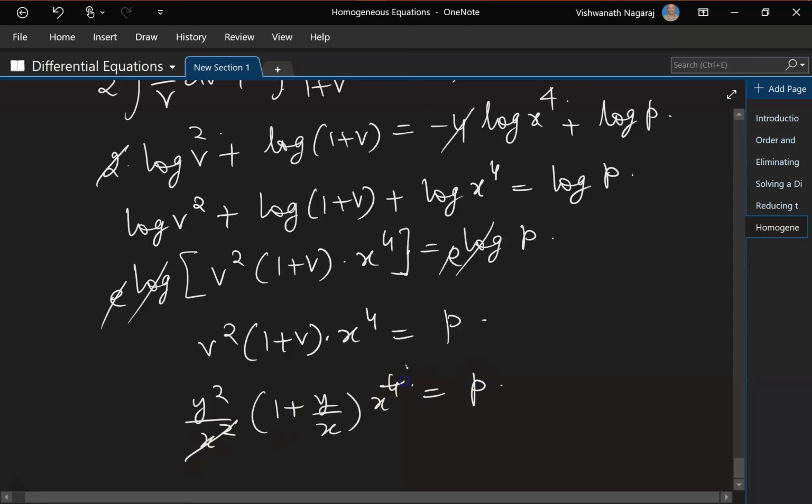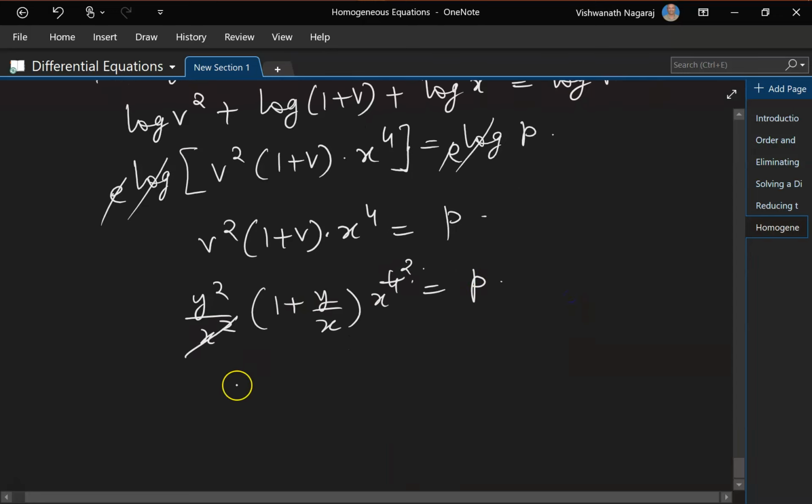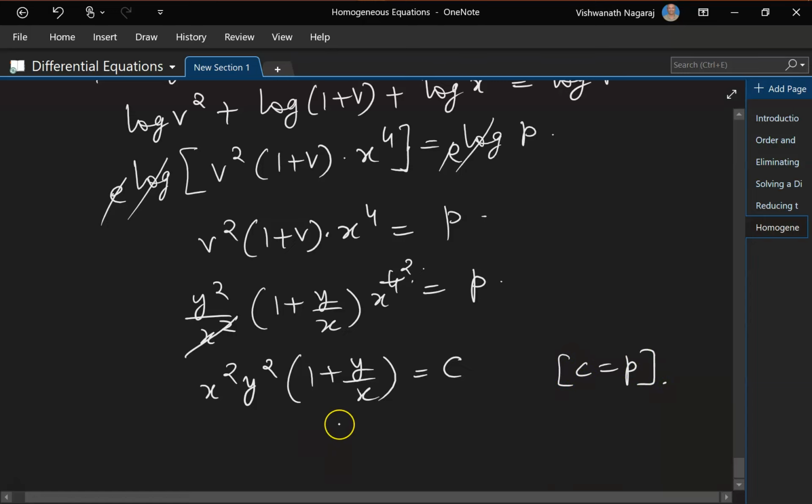So x square and this get cancelled, and we are left with x square y square times (1 plus y by x) is equal to, let's rename this p to c just to follow the standard convention. So c is equal to p. So this is the solution.